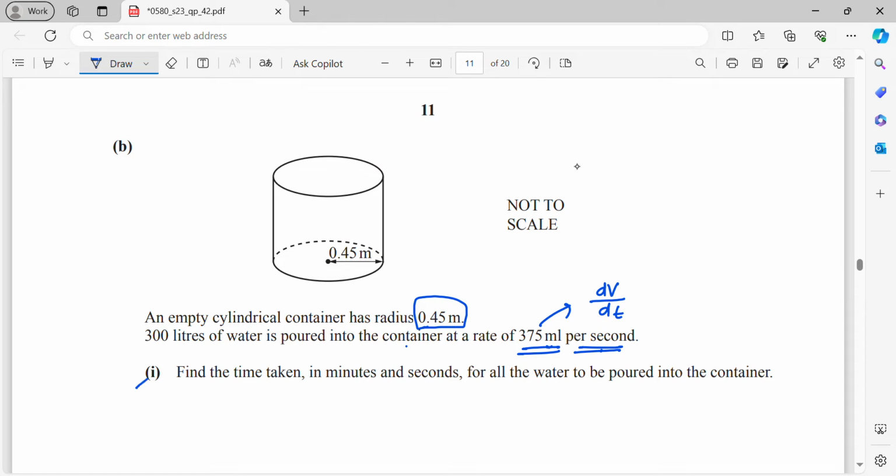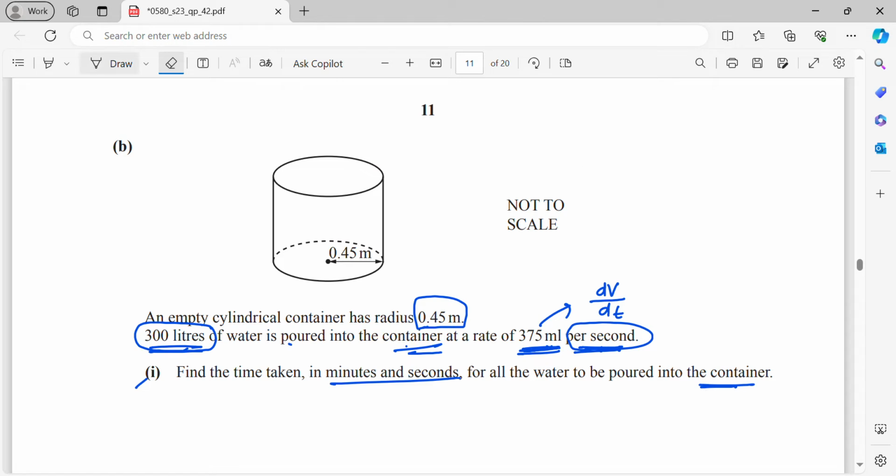Okay, so now first part, find the time taken in minutes and seconds for all the water to be poured into the container. Now you see here, we know that this 300 liters of water is going to pour into the container with the rate of 375 milliliter per second. Means that every second you only can pour into the container 375 milliliters, and now you have 300 liters. Okay, so which means now I have to write down 300 liters, I convert to milliliters.